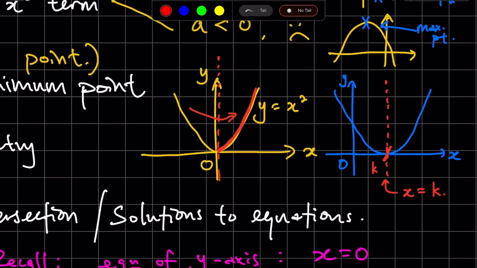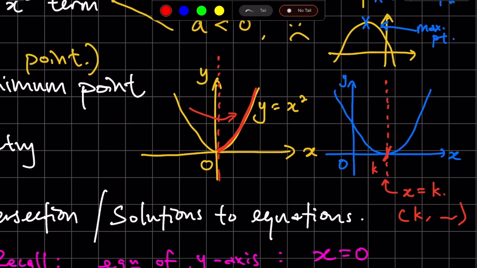Let's say k equals 2. Then any point where your coordinates are 2 comma something must lie on this line, x equals 2. So x equals k describes the collection of all points where the x coordinate is equal to k. That's how we name vertical and horizontal lines.